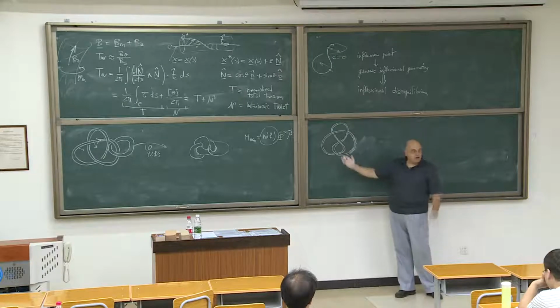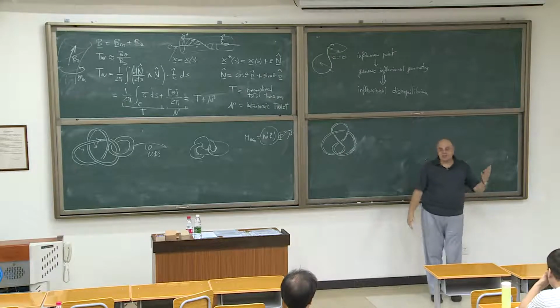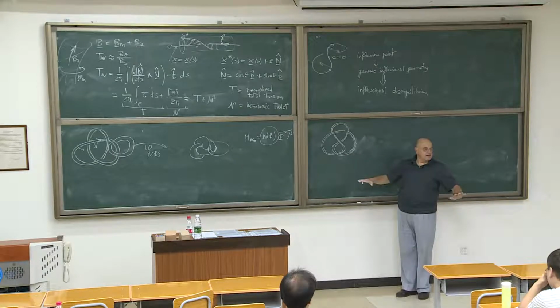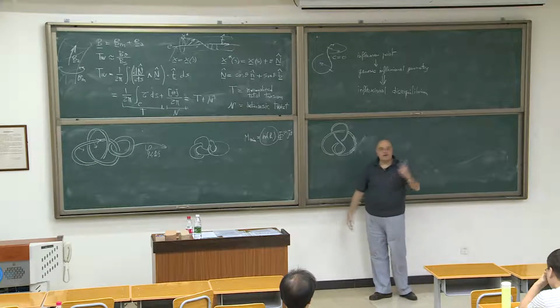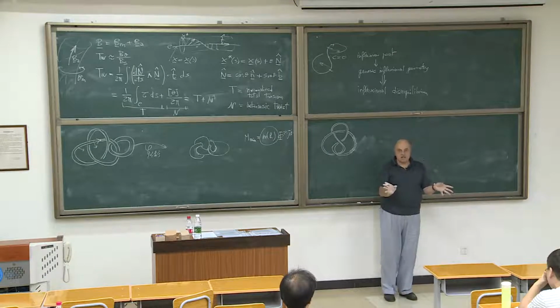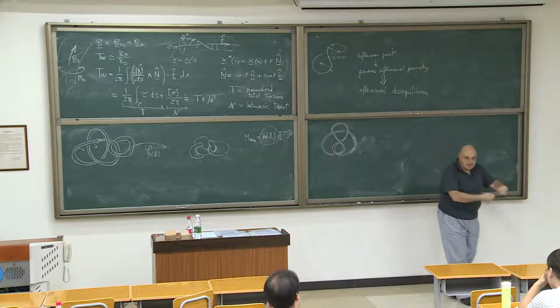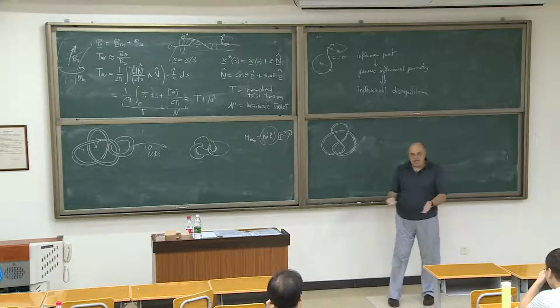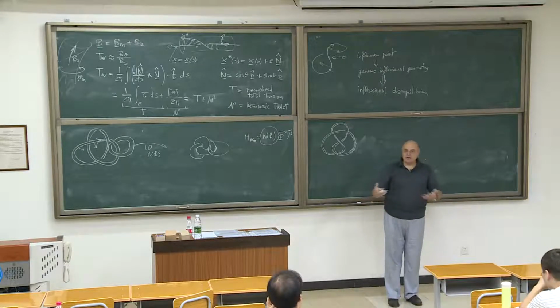So for the trefoil, we have only 1. For the 4-crossing knot, we have only this one, so I'm happy. For 5-crossing knots, we have already 2 different knots that cannot be converted by continuous deformation one into the other. So Tate was happy, and was happy with the 6-crossing.